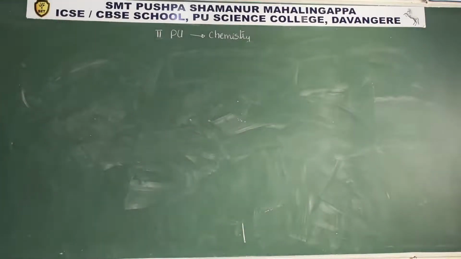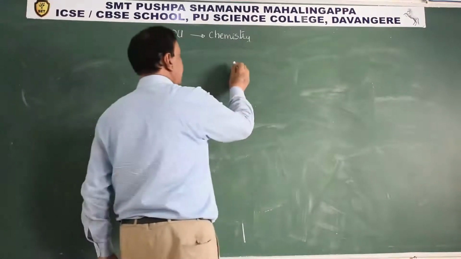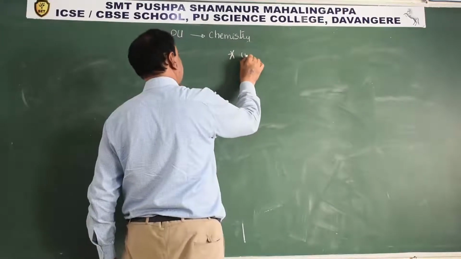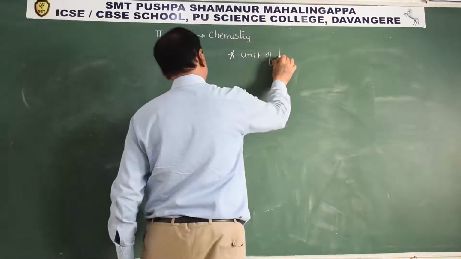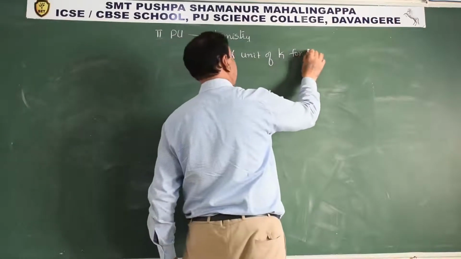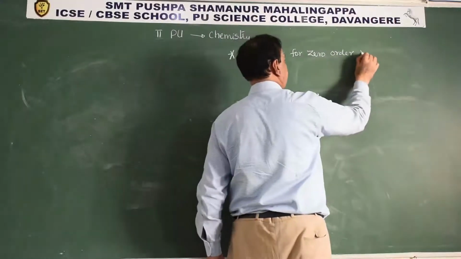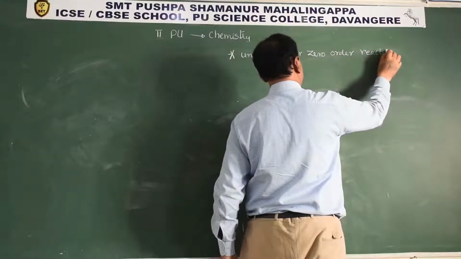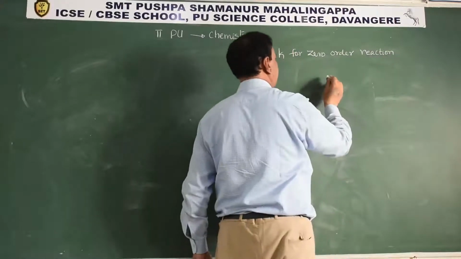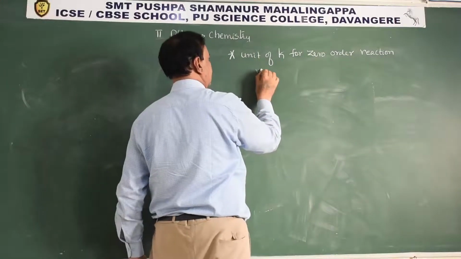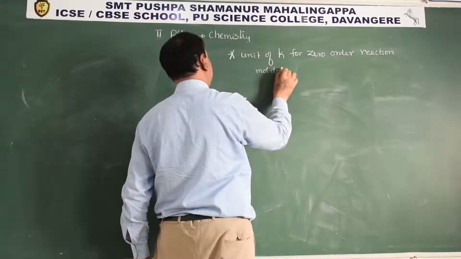Now take this very important one. Unit of K for zero order reaction, that is moles per cubic decimeter per second.